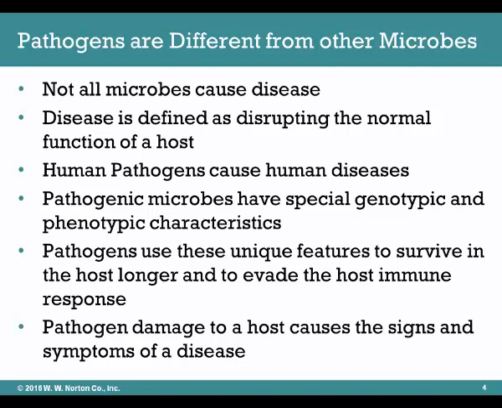And they use these unique features that are encoded by these genes to survive in the host longer. So how do they survive in the host longer than the non-pathogenic microbes that are cleared before they do any damage to our tissues? Well, many of these traits enable them to evade our host immune response.